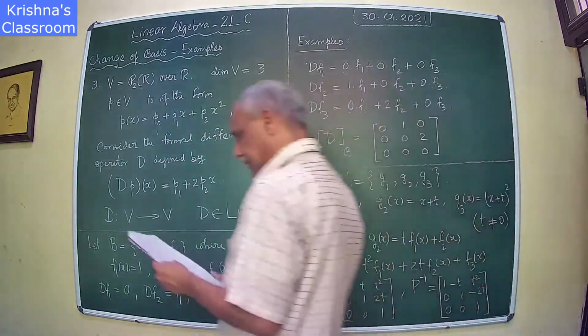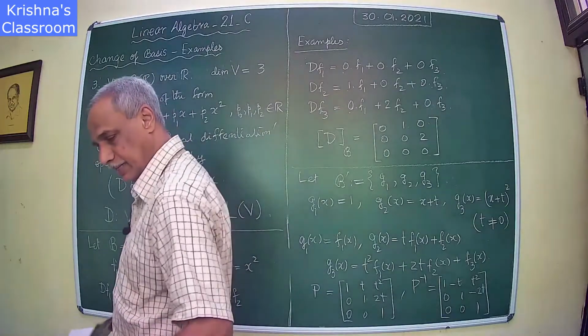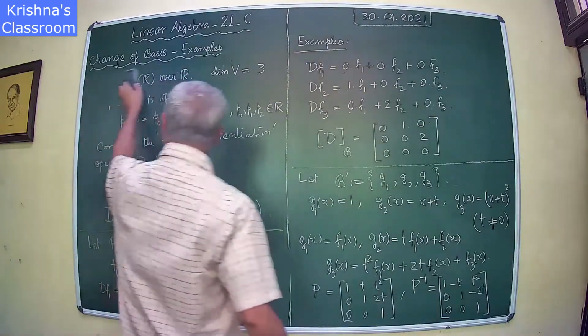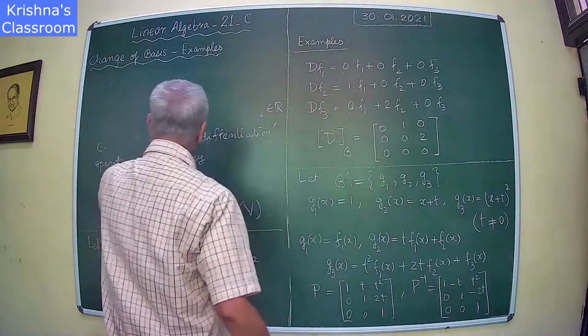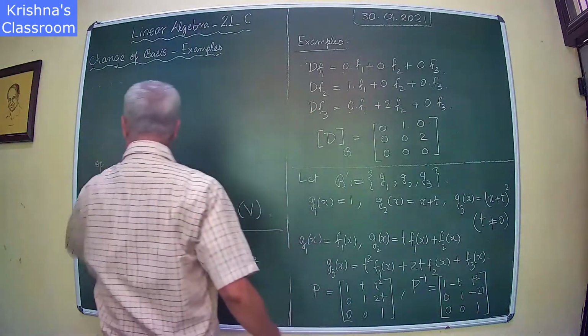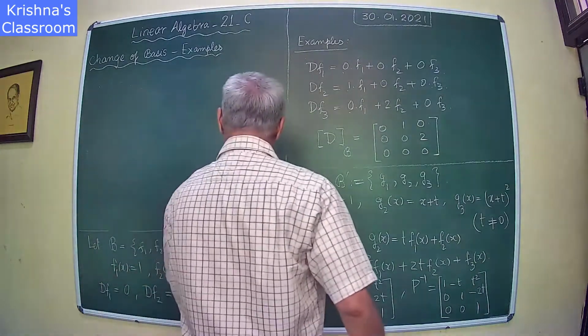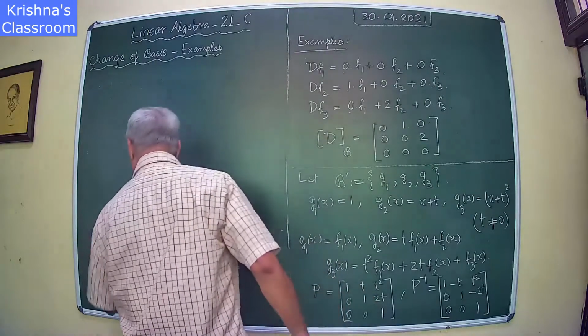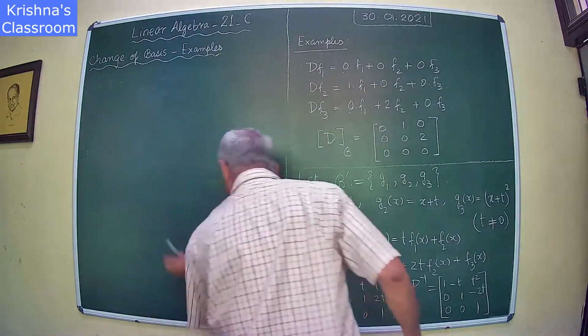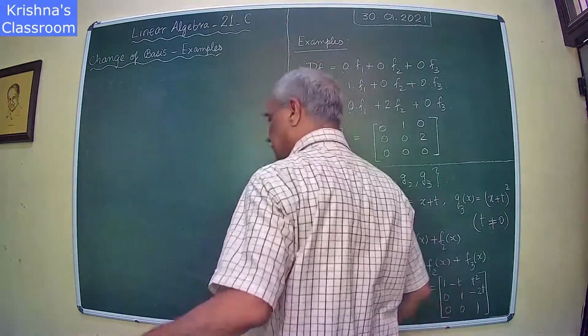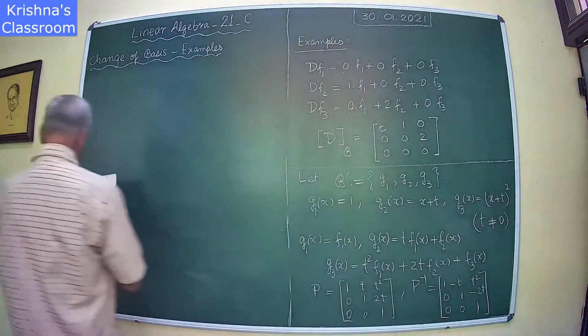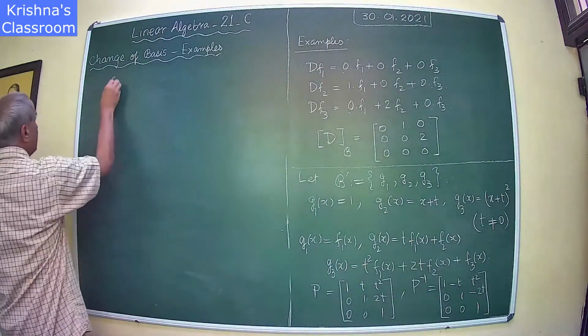If you do that, this is what one gets. When I do the computation, I hope there are no mistakes. Let me just compute. So f1 is equal to G1.